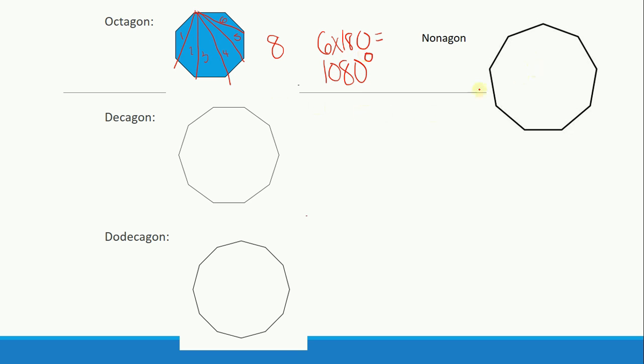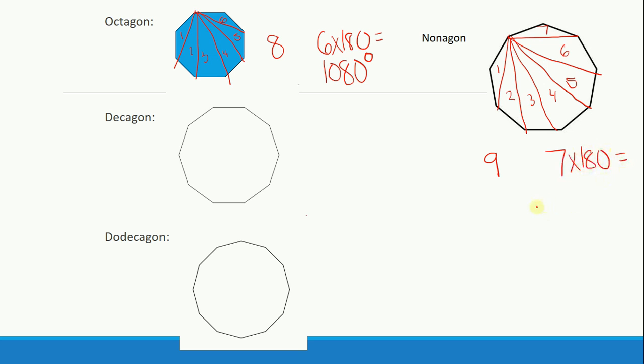Move over to a nonagon here. That is 9 sides. My goodness, this is going to be a lot of triangles. There we go. I got 7 triangles. So 7 times 180, that is 1260.